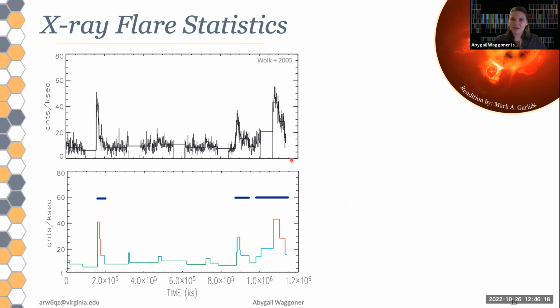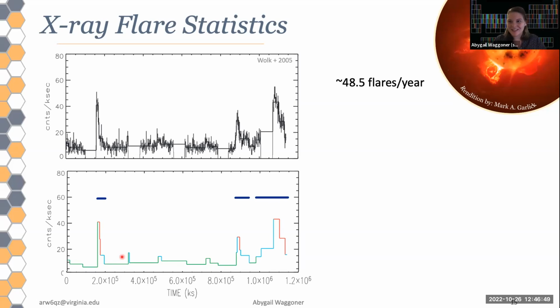I won't get into their actual methods, but basically they characterized an elevated state and a rapid exponential rise and decay to identify flares. And using this method for all of their 30 stars, they identified that a T Tauri star undergoes approximately 49 flares per year.